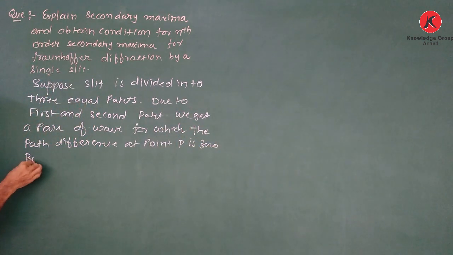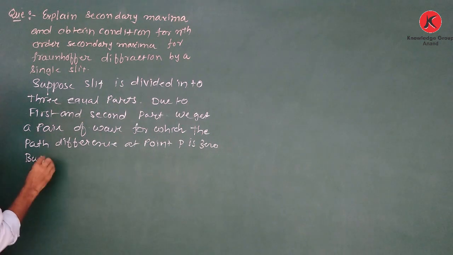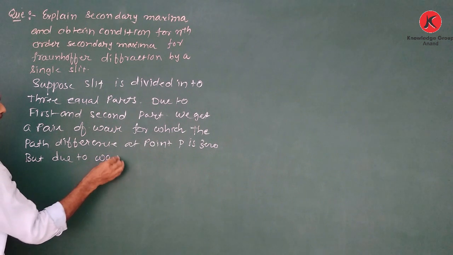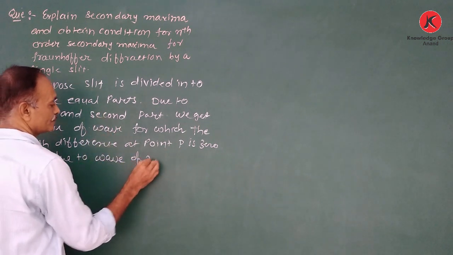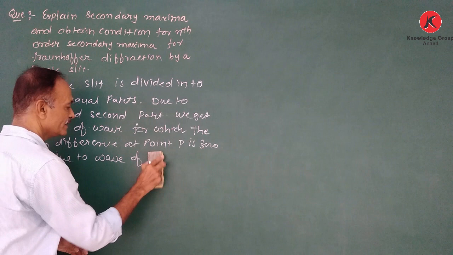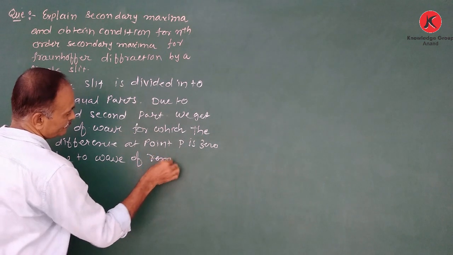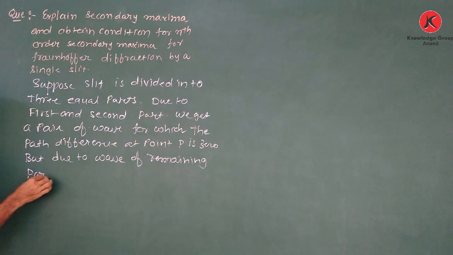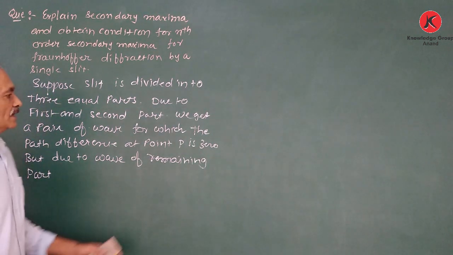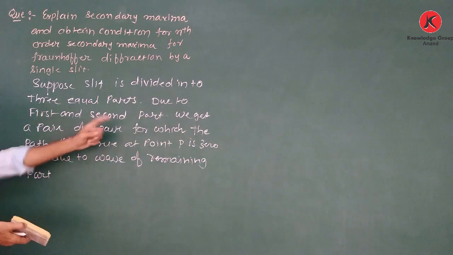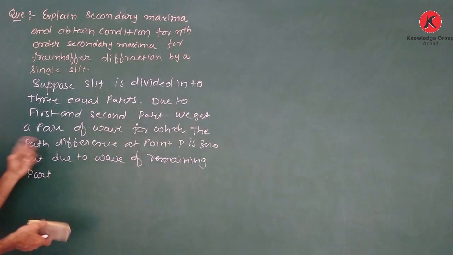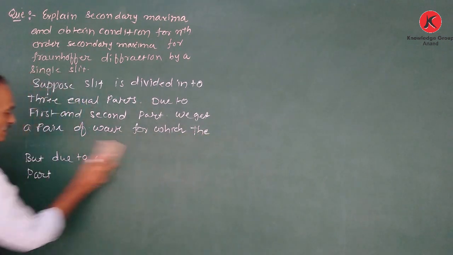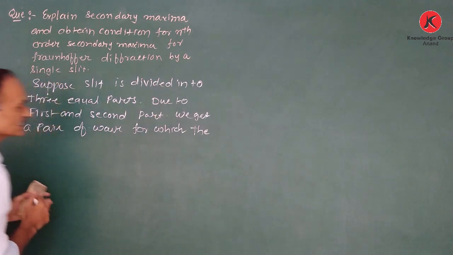But due to the wave of the remaining part, we just need a pair of waves for which the intensity at point P is 0, because both cancel the effect of each other.